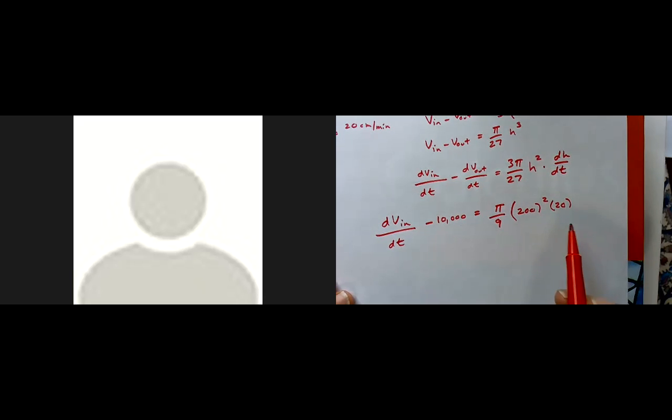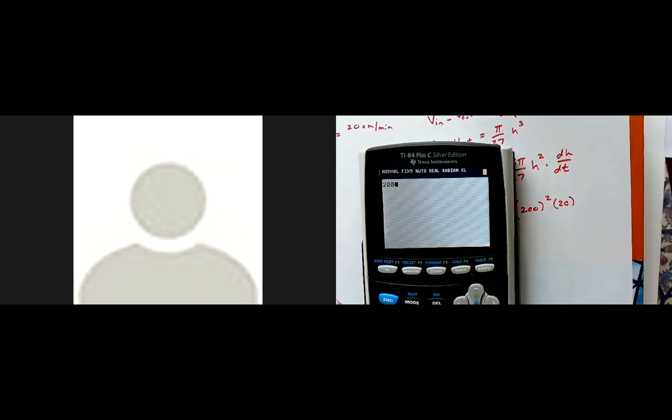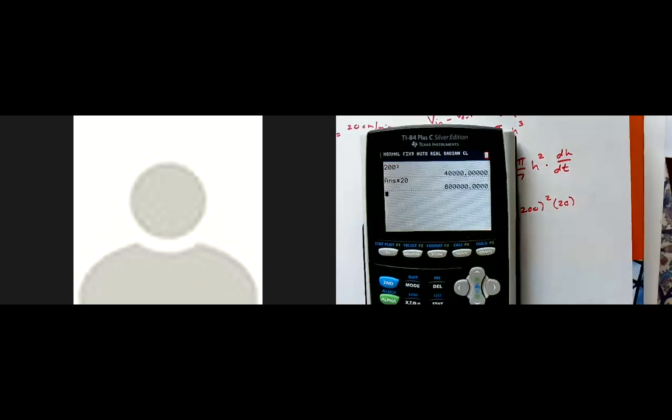At this point, I would grab my calculator. I'm going to do 200 squared first and hit enter. I'm going to times it by 20, hit enter. Then I'm going to times that by pi, and I didn't have to hit enter with all of those. And then last thing I'm going to do is divide that by the 9.